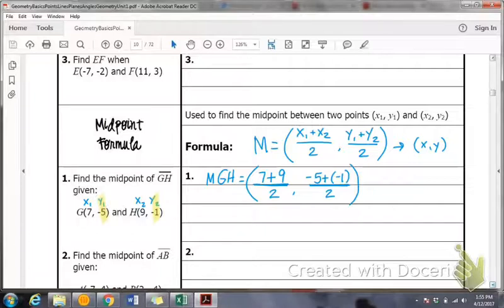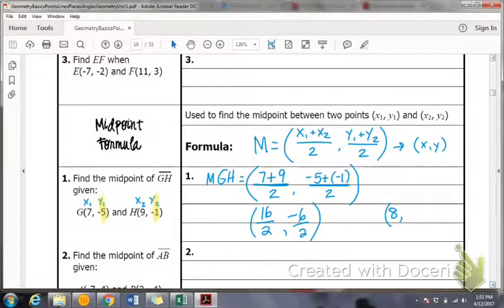So 7 plus 9 is what? 16. I have 16 divided by 2. And then -5 and -1 is -6 divided by 2. So 16 divided by 2 is 8.